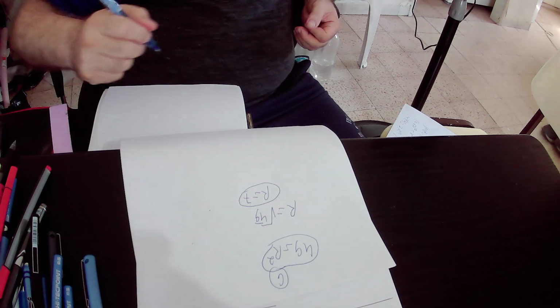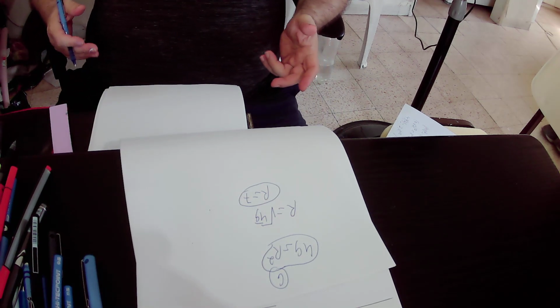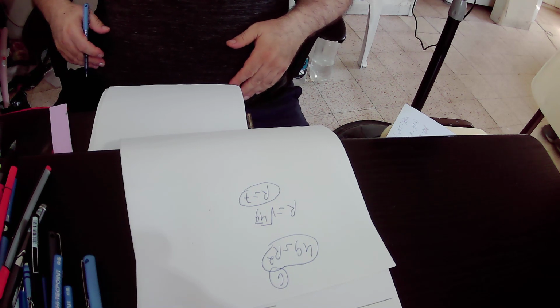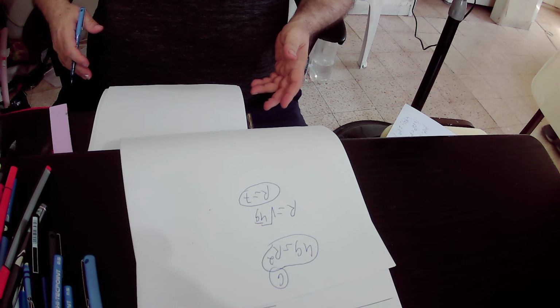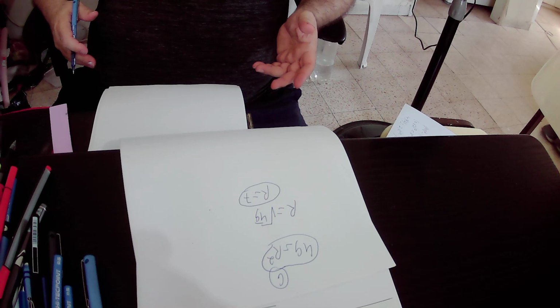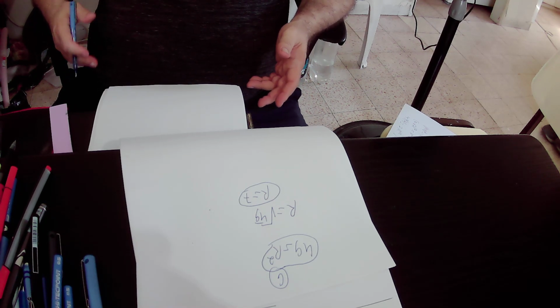Actually, in math we know that every positive number has two roots, a negative root and a positive root.